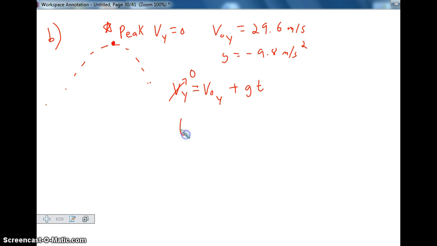Therefore, t will equal negative v initial y over g. Plugging in those numbers, we're going to get negative 29.6 divided by negative 9.8. And the time we reach our peak by evaluating that will be about 3.02 seconds.